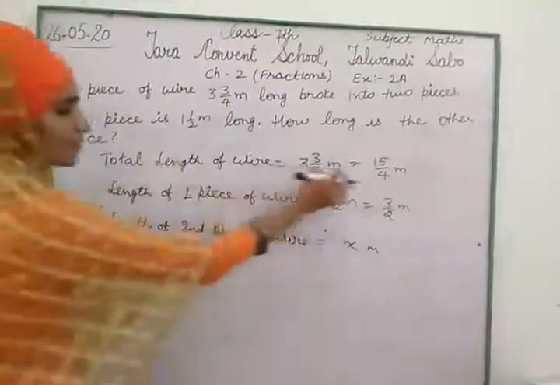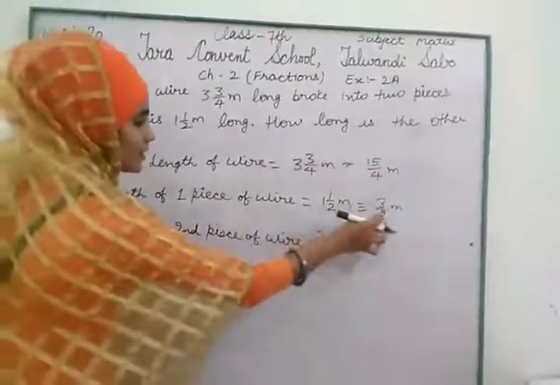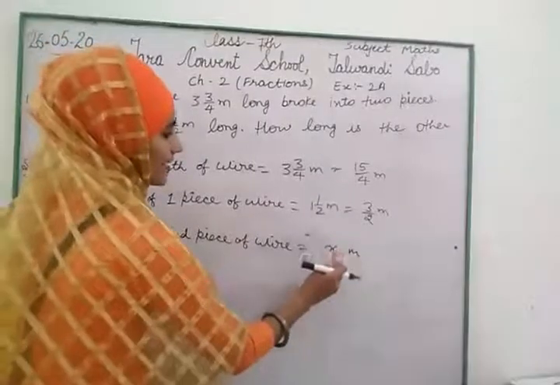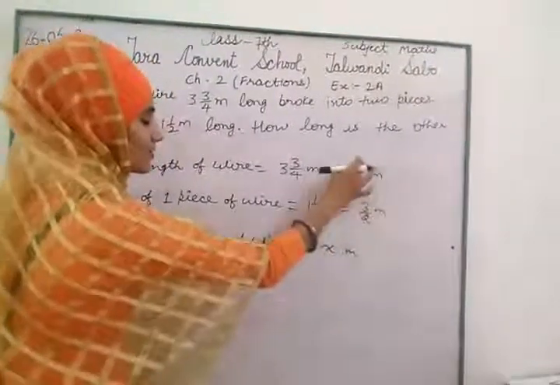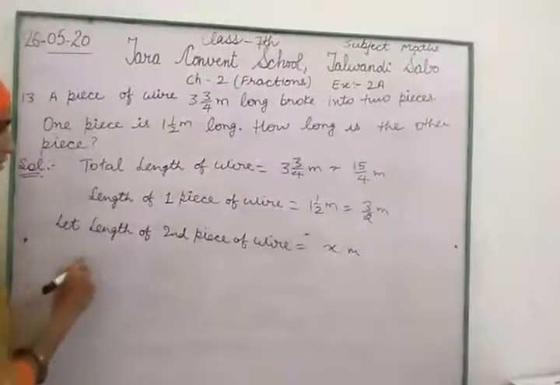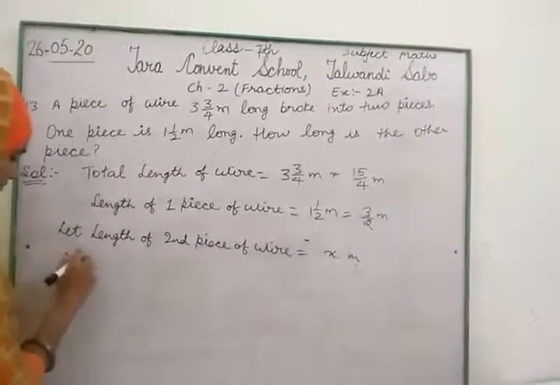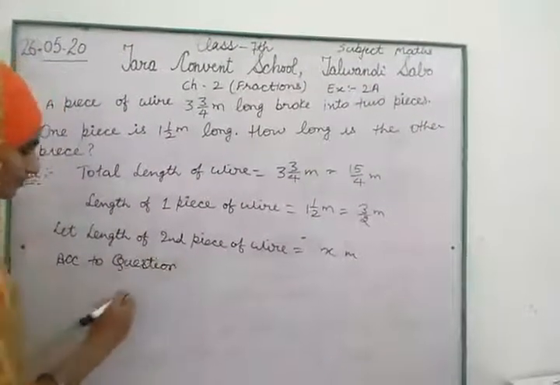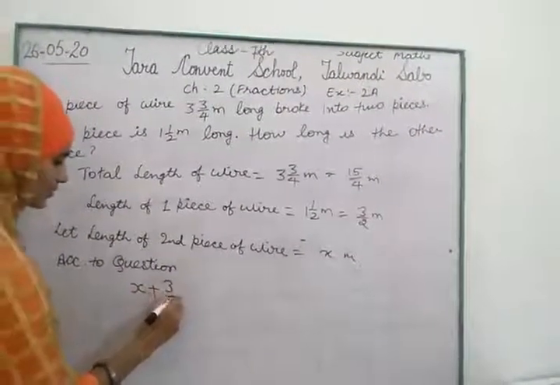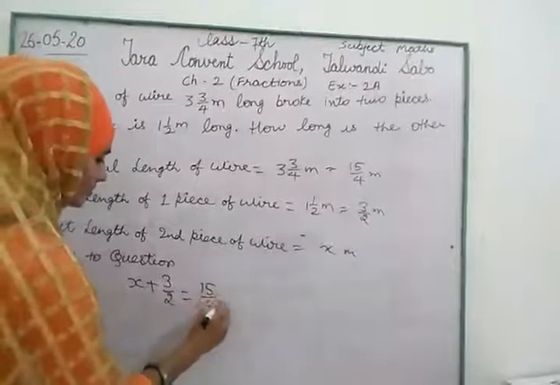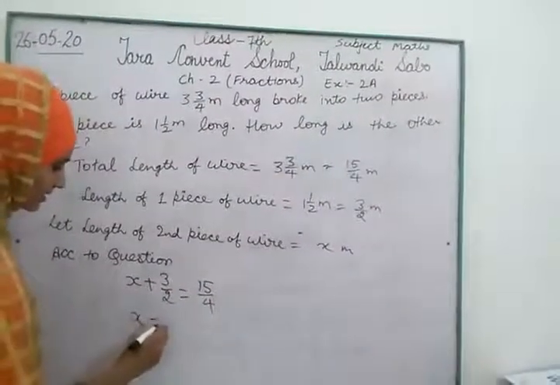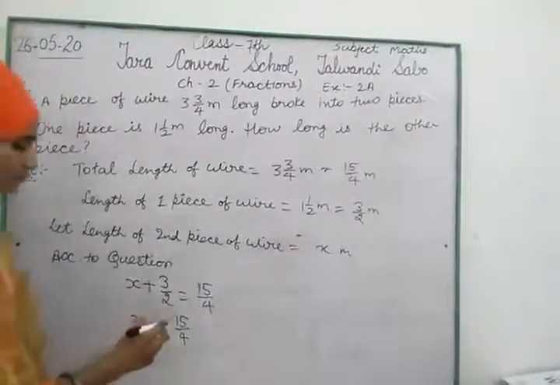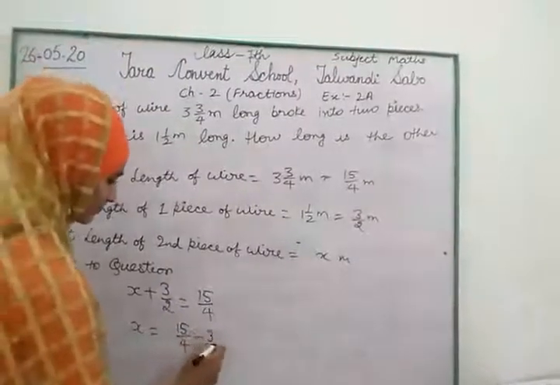Now it's the total length of wire. So one piece is 3/2 meter and the second piece is x meter. The sum of x and 3/2 meter is equal to 15/4. So according to the question, x plus 3/2 is equal to 15/4. x is equal to 15/4 minus 3/2; it is plus on that side, so it becomes minus 3/2.